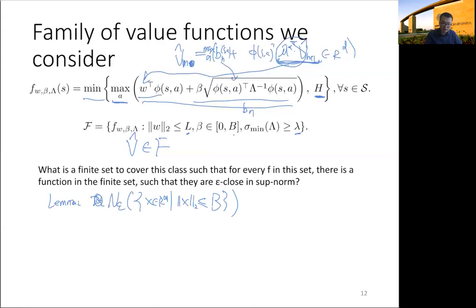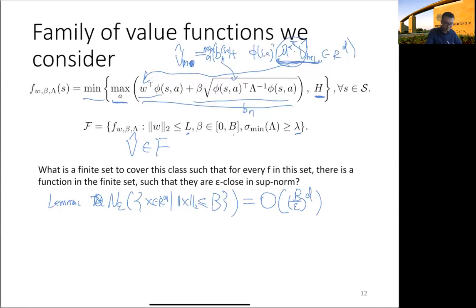of the hypersphere, hyperball, like the ball of radius B measured in Euclidean distance, is proportional to the order of (B over epsilon) to the d.